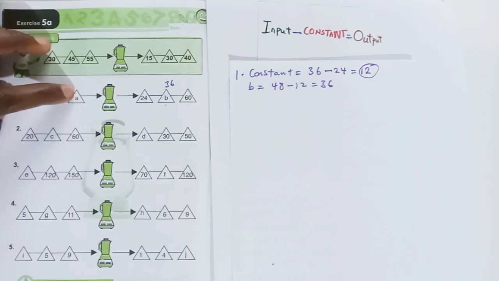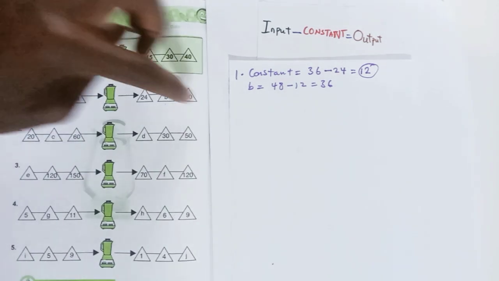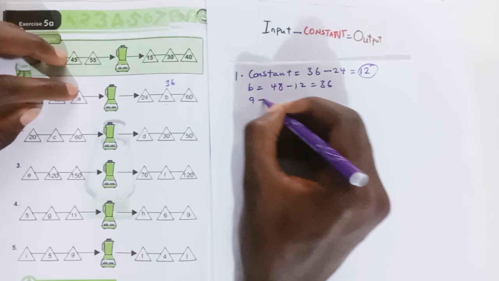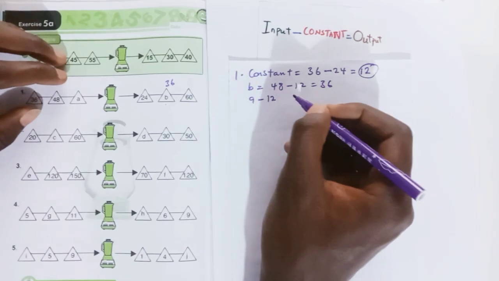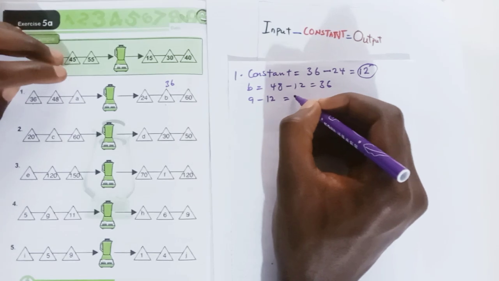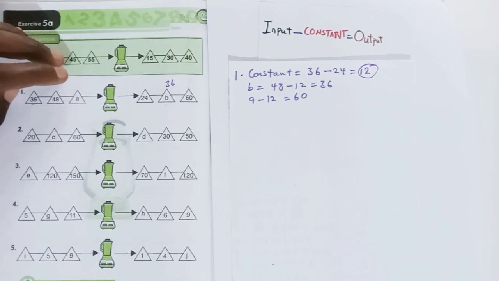Now A, we'll use number 3. A minus 12, which is our constant, should give us 60. So what do we do?